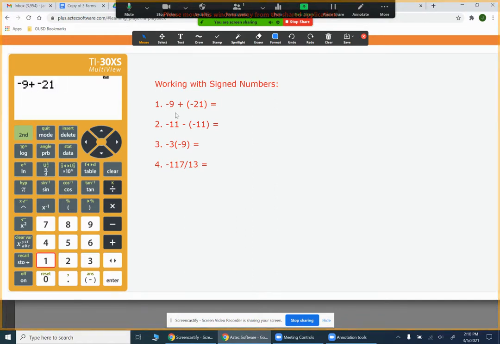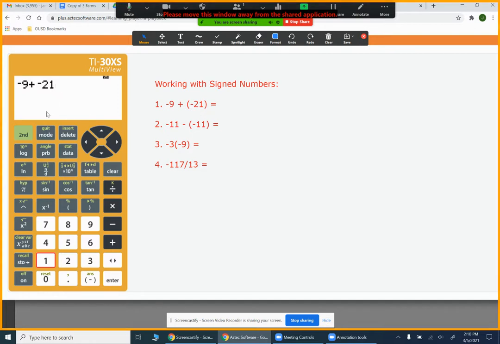So that's the only reason why we add parentheses around negative numbers when we write out the problems, to not get confused. Because if we don't have the parentheses, it could easily look like there's a subtraction and an addition sign. This problem could look like -9 plus -21. So that's why we have the parentheses to separate it.